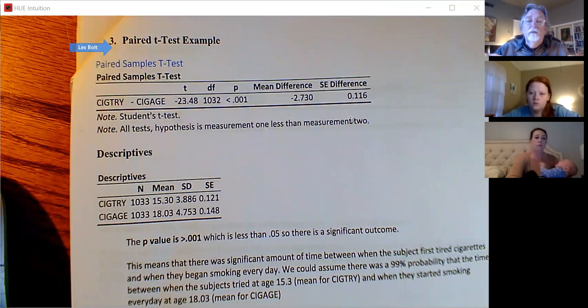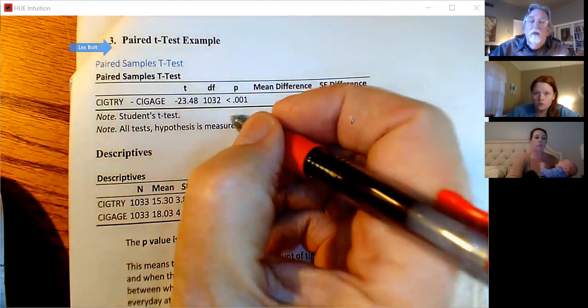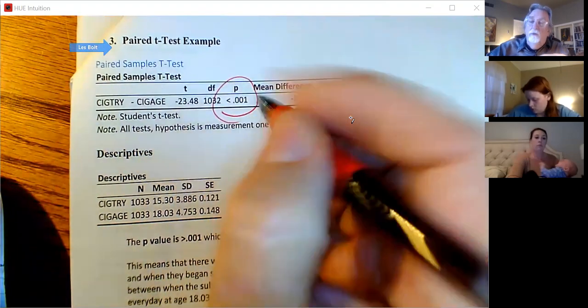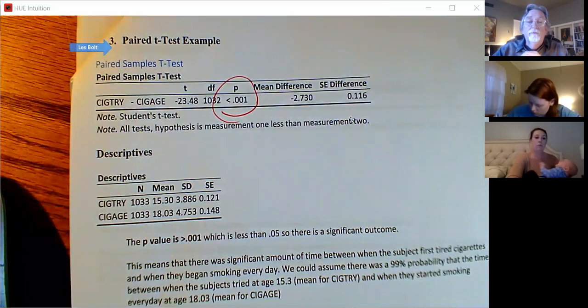Since it's 2 measures on each individual, pre and post, it's a paired t-test. When we ran the age at which people tried smoking against the age at which they actually began smoking regularly, we discovered that there's a p of less than 0.001, so it is significant.